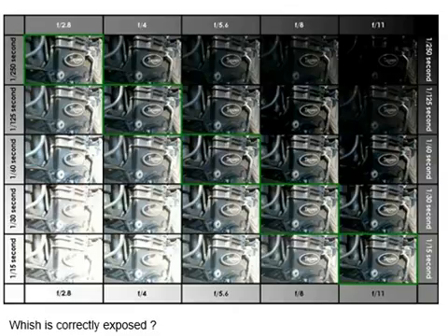Here we can see a series of images of the same object taken with different apertures and at different shutter speeds, and you can see that there's a series in that diagonal, which I've highlighted in green, where those images are all similarly exposed, but they're being taken with increasingly small apertures as you move to the right, and as you move down they've been taken with increasingly long shutter speeds.